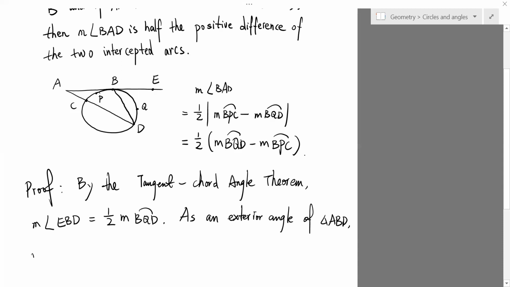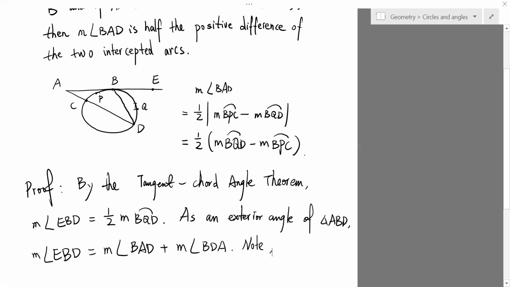We have the measure of EBD equal to the sum of those two non-adjacent interior angles of the triangle ABD. Namely, it's going to be equal to the sum of the measure of the angle BAD and the measure of the angle BDA.